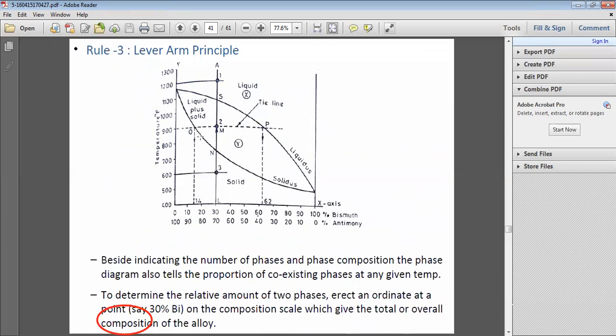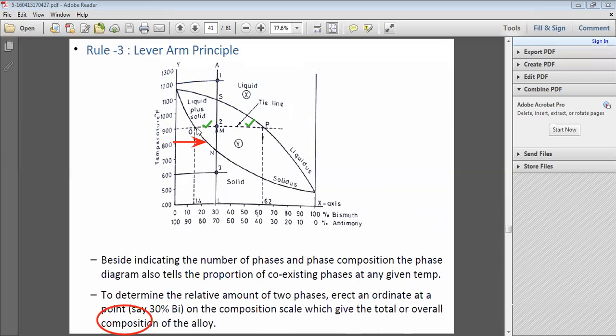This is for the case of the solidus phase, it will be MP upon OP into 100. MP will be over this length here, and the overall length is 62.